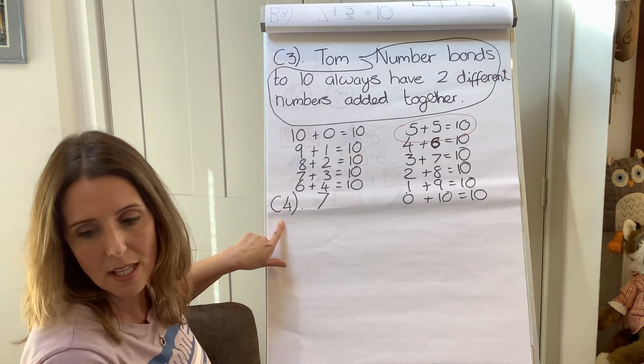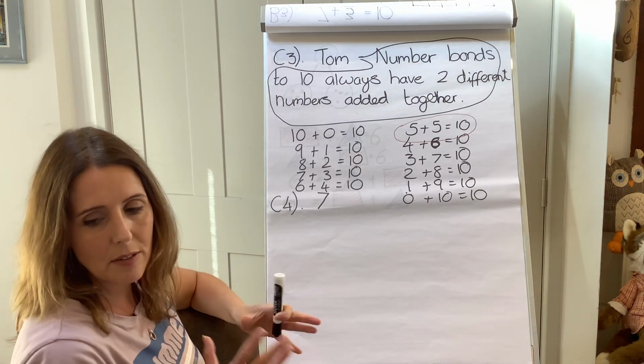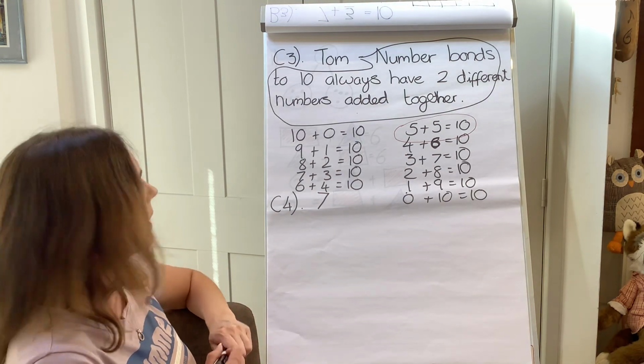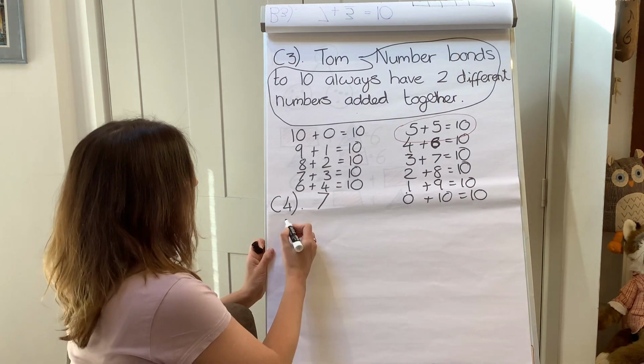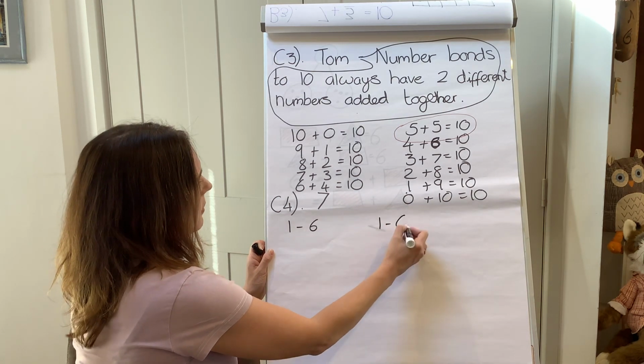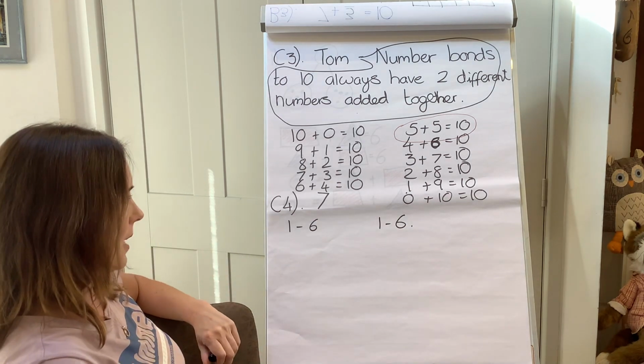Okay, in C4 question 7, you had to roll 2 dice to find number bonds to make 7. Now you will have found that on the dice they go from numbers 1 to 6. So if you have 2 dice, could you make the number bonds to make 7?